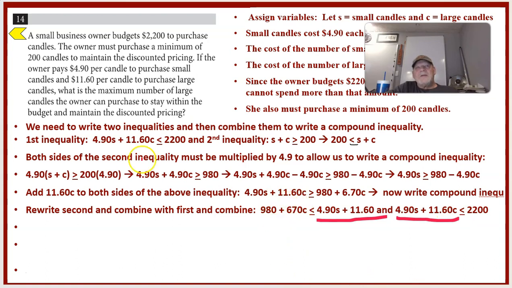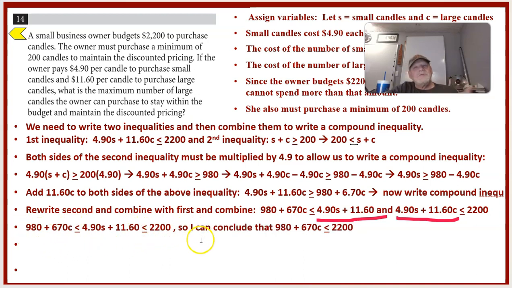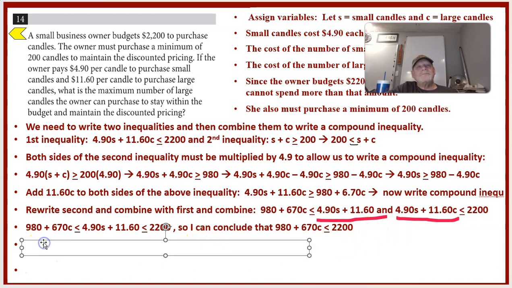So that means that I can take this first double term here, 980 plus 670c, and then put less than or equal to, and then the 4.90s plus 1160 is going to be the same, so I just write it once, less than or equal to 2200. And then when I have that compound inequality, now I know that the first one has to be less than or equal to the second one. This is just using basic pre-algebra. So that's what I conclude.